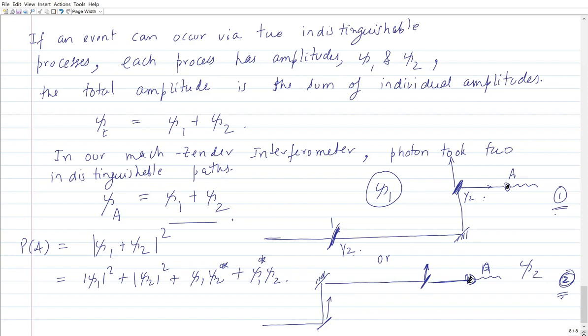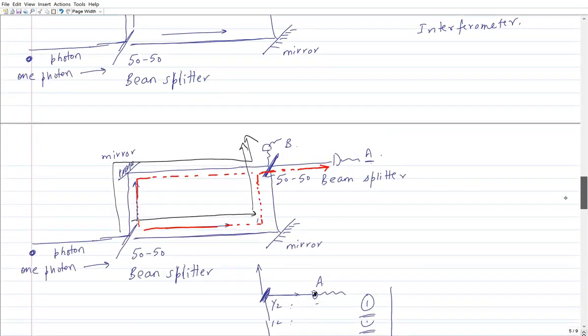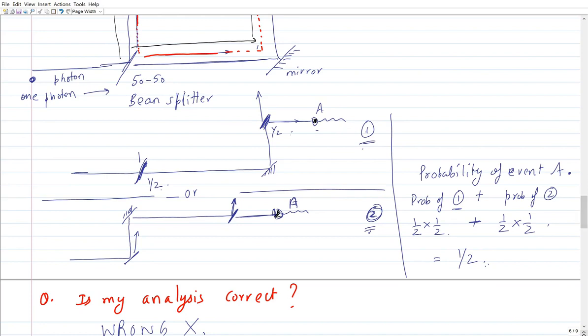So as a comparison, classically we add up probabilities. Remember, if you look closely at what we did in our analysis, we exactly did this. We took the probabilities of 1 and probability of 2 and we added up the probabilities.